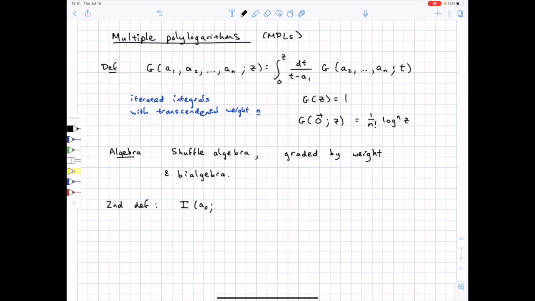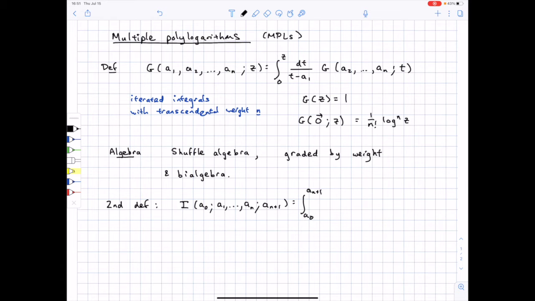Just because these are both established definitions in the literature, you'll see that now we're integrating from a0 up to a_{n+1}. This is not called z in this notation.